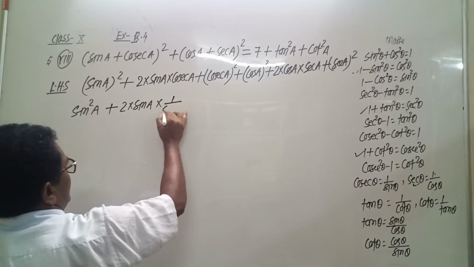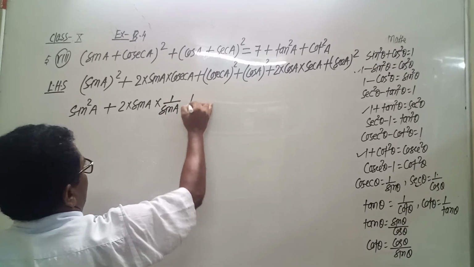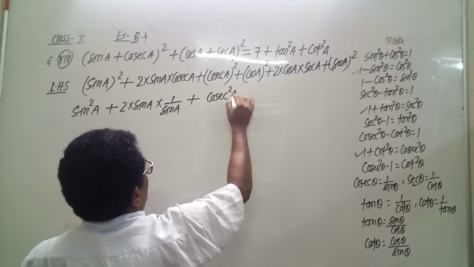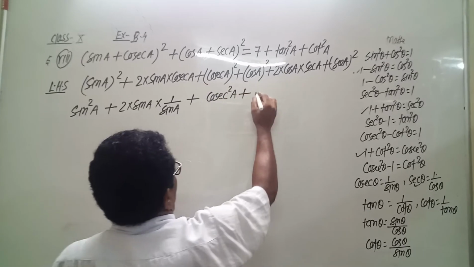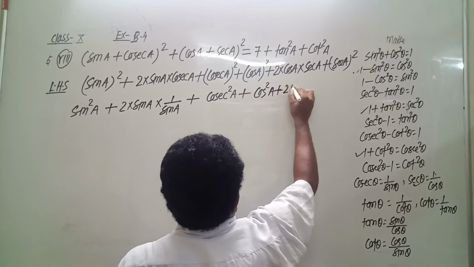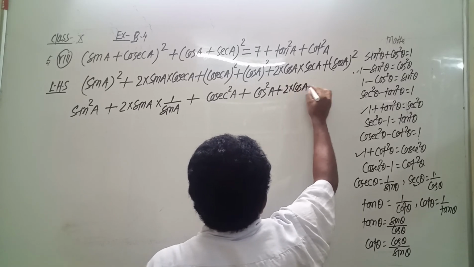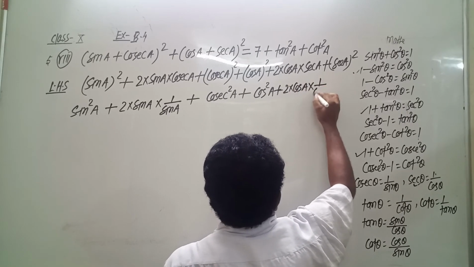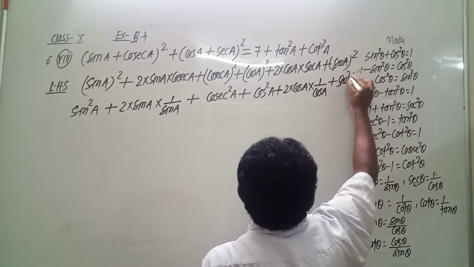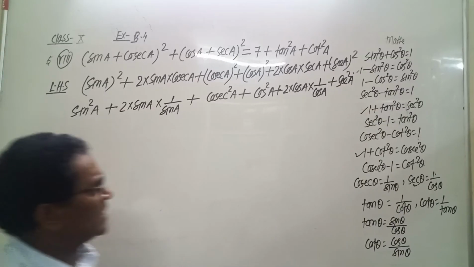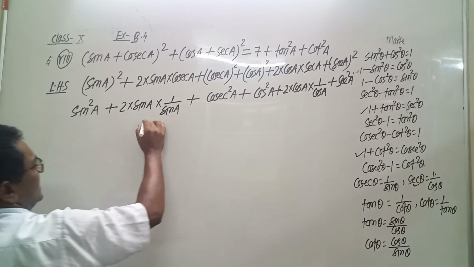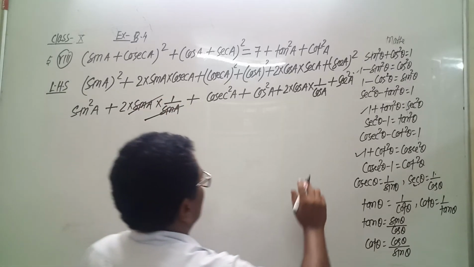Plus cosec A the whole square, we will write cosec square A. And then plus cos square A plus 2 into cos A and sec A, which is written 1 by cos A, and plus sec square A. Now sin A and sin A get cancelled.